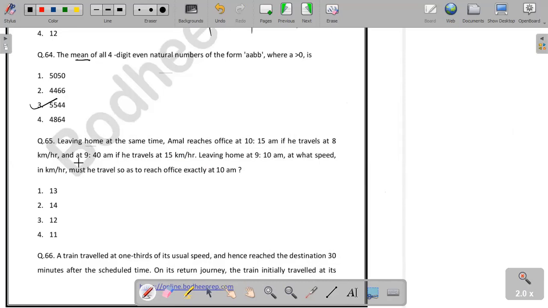Okay, if he reaches at 10:15 and travels at 8 kilometers per hour and 15. If I go by this logic, here he is taking t minutes, so how much earlier has he reached here? 20 and 15, that is 35 minutes. So in this he is taking t minus 35 minutes, and compared to this it is 30 lower, so this is t minus 65 minutes.